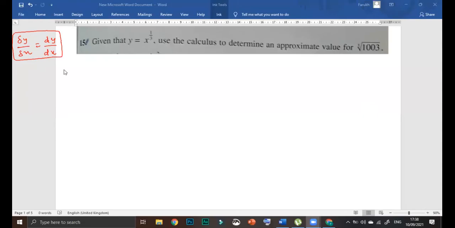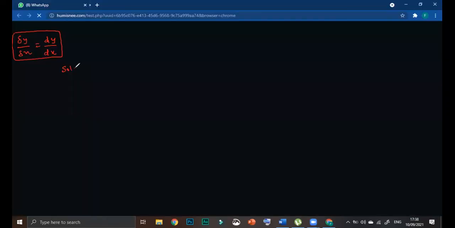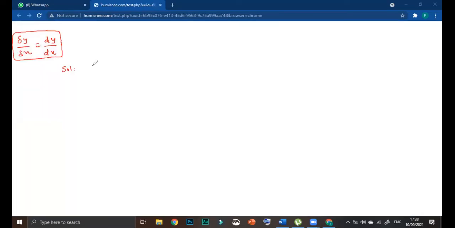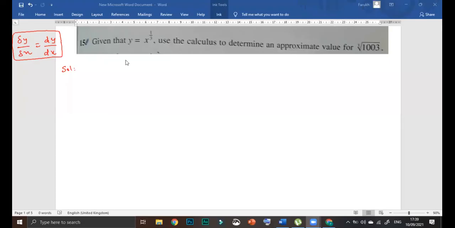Now we will attempt question number 15 of exercise 16.3. Here we have y is equal to x power 1 by 3.